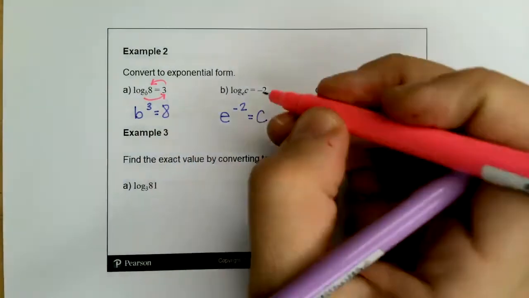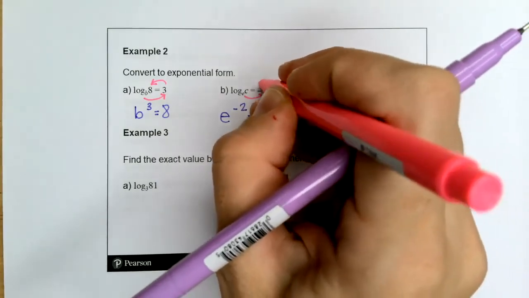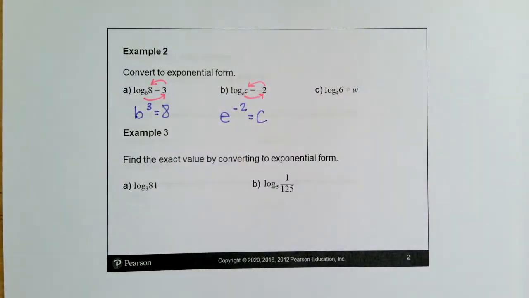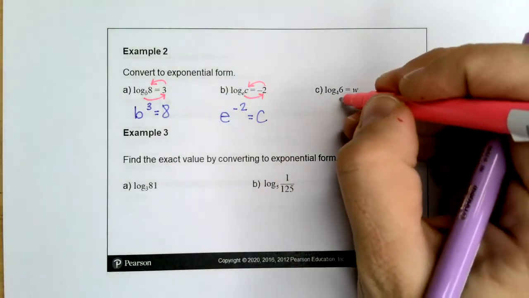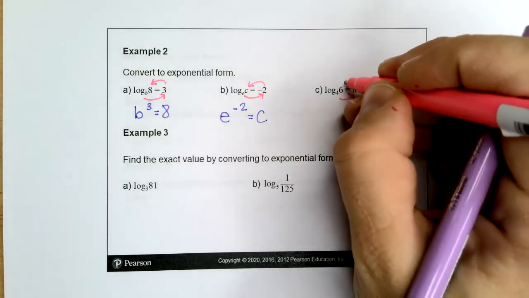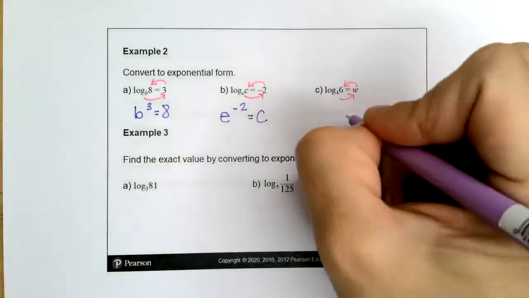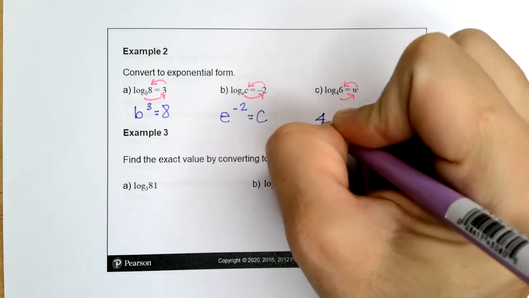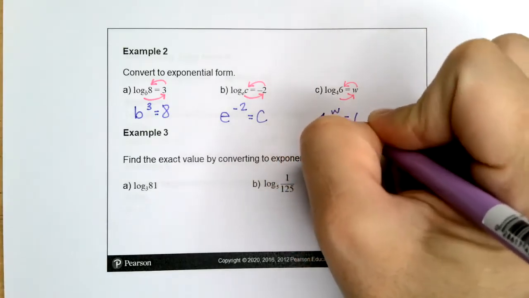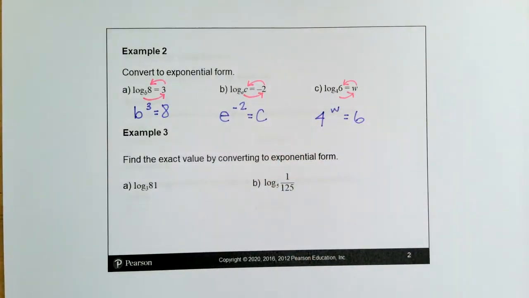We're just going in a circle. 4 to the power of w equals 6. Good. That is our first set of skills.